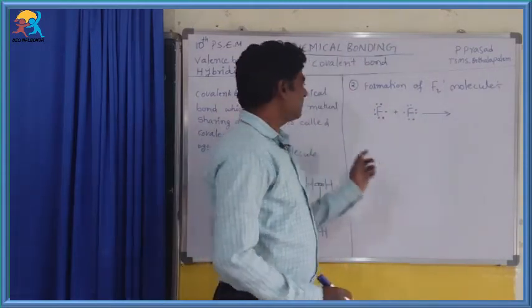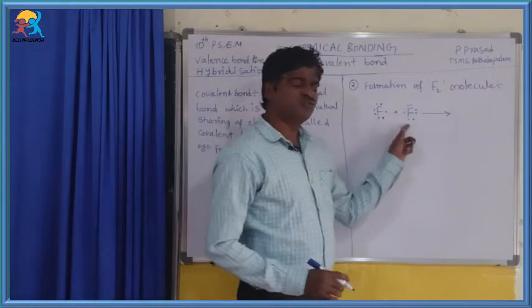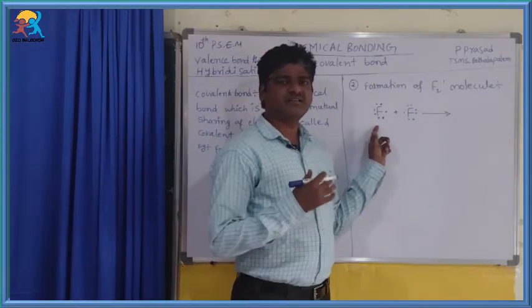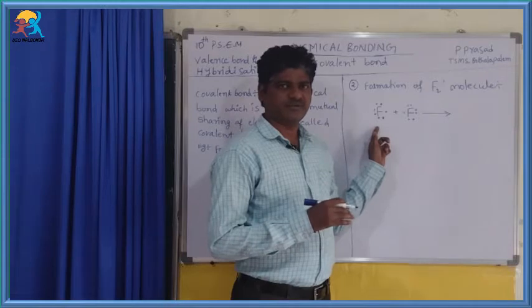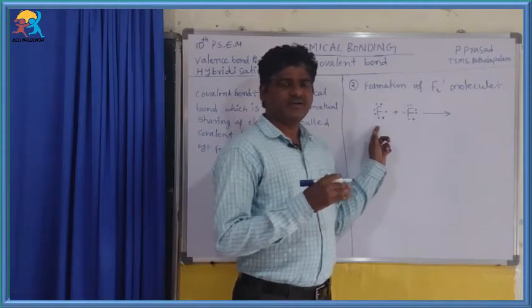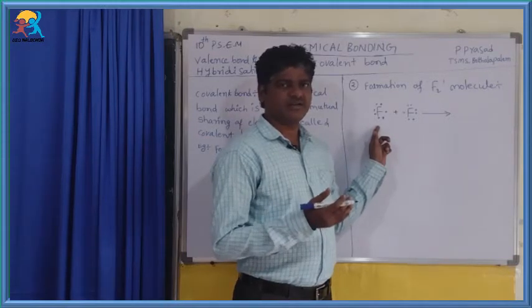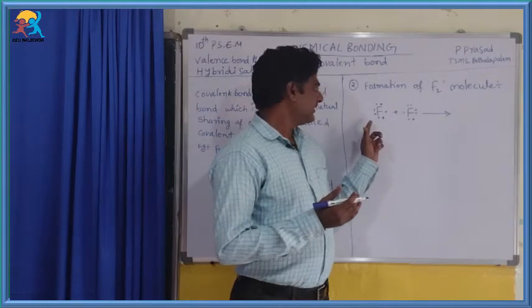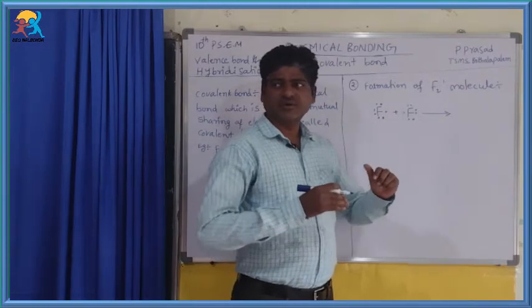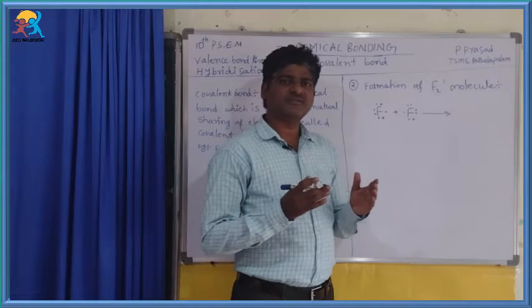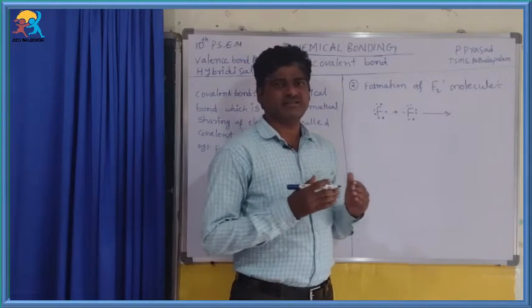These two fluorine atoms require 8 electrons in the outermost shell. But when is that possible? When these two fluorine atoms mutually share the electrons.